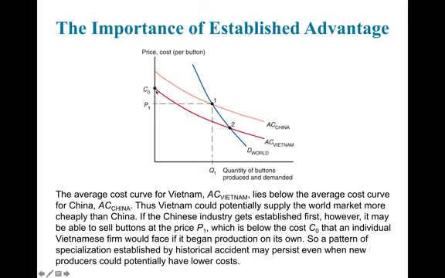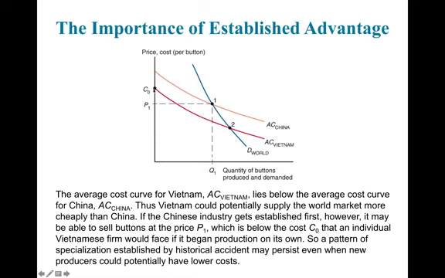Notice how at the very beginning, when the industry is small, the unit cost is C0. So the unit cost of the industry when starting up is actually higher than the current world market price, because the industry is not yet in a position to exploit economies of scale.